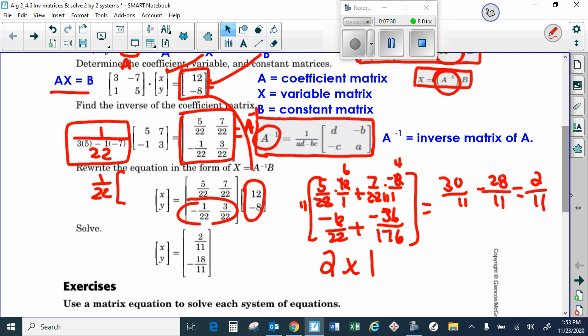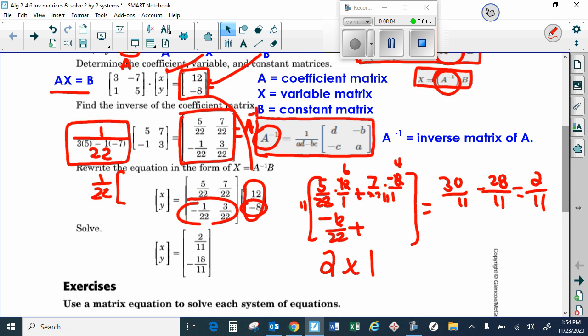Now I do it again here. Let's see, 4 will go into both of those. Hold on. 12/20. And this is just negative 24. I did this wrong.